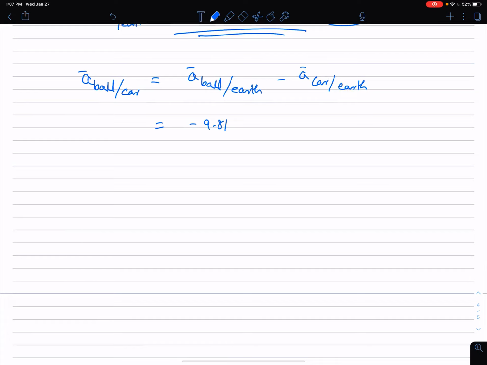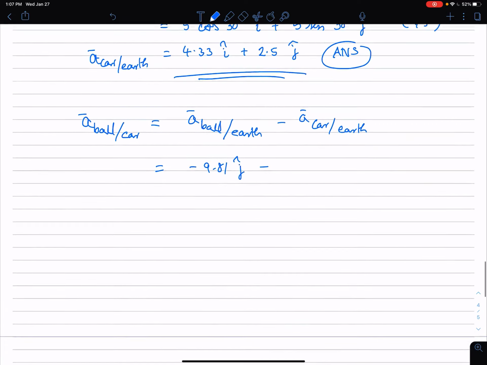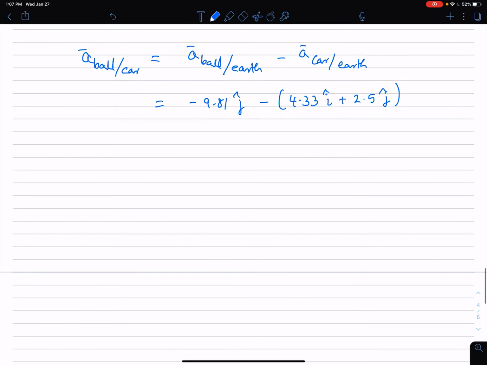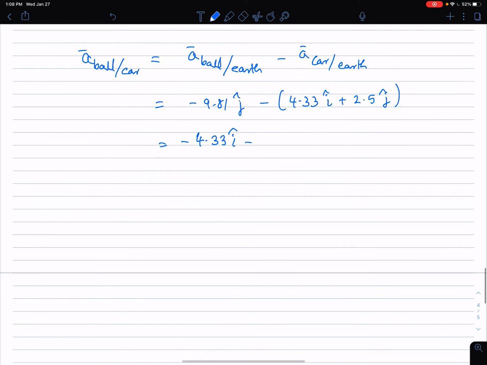That equals minus 9.81 j, that's the ball relative to Earth, minus 4.33 i plus 2.5 j. And that gives us minus 4.33 i, and minus 9.81 minus 2.5, which gives us minus 12.31 j. Okay, that's ball relative to car. That's another answer.